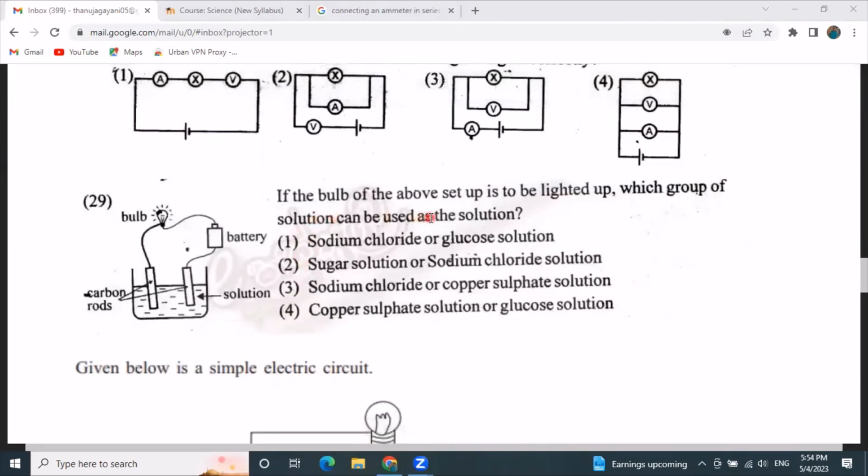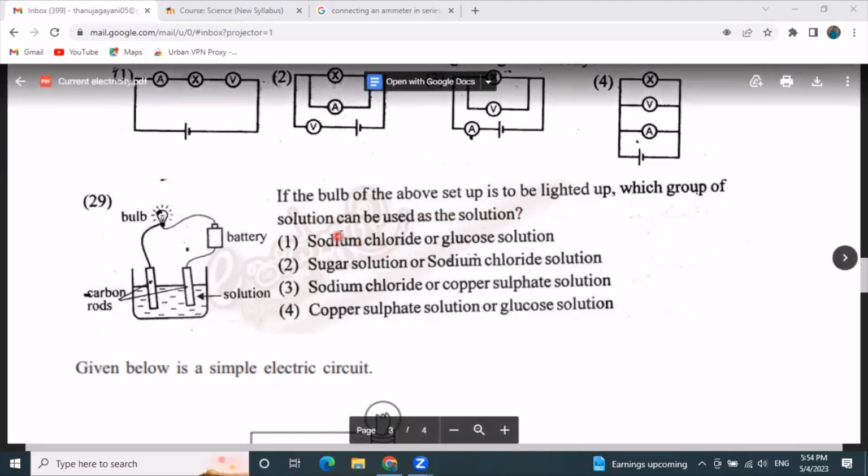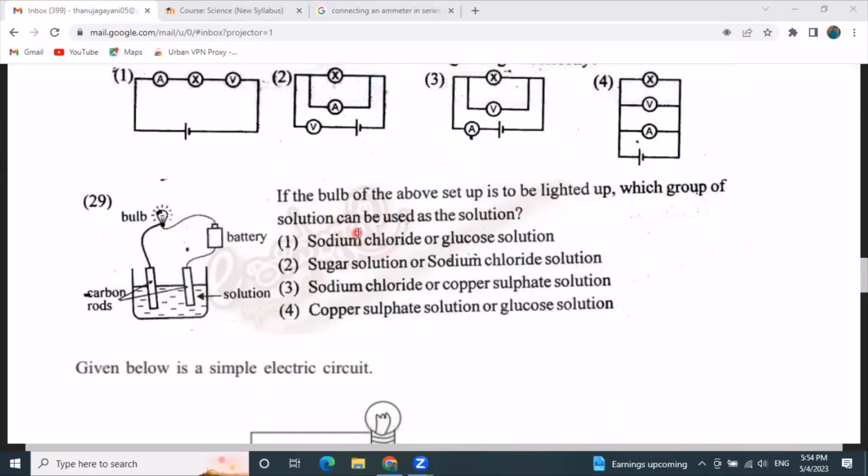If the bulb of the above setup is to be lighted up, which group of solutions can be used as the solution? This is also a question related to your lesson on chemical bonds. We know that ionic solutions conduct electricity and covalent solutions do not.